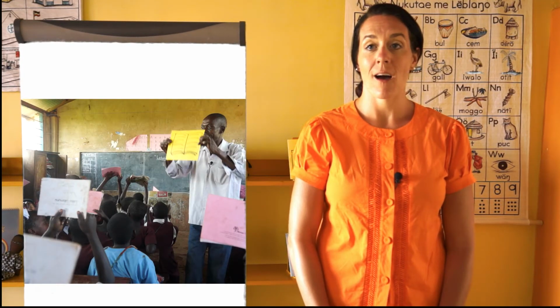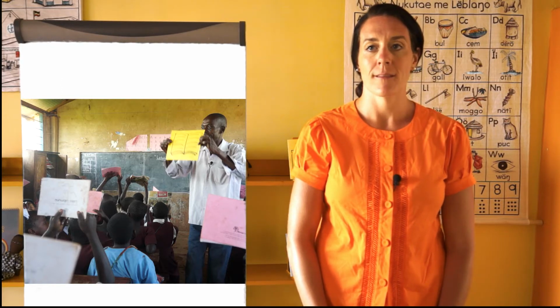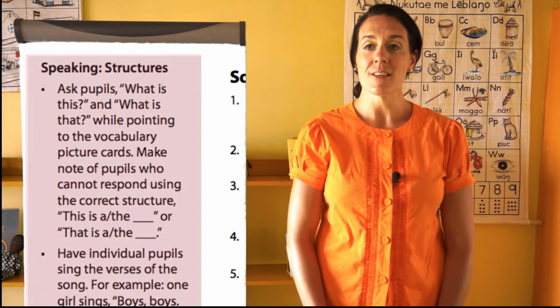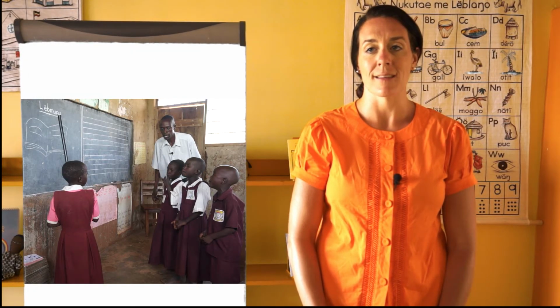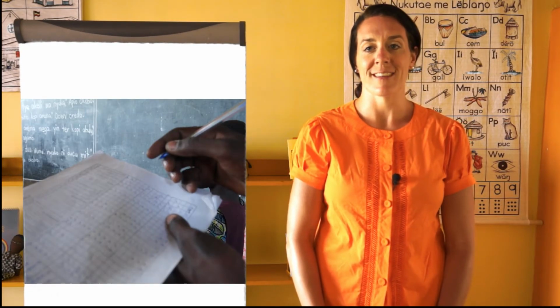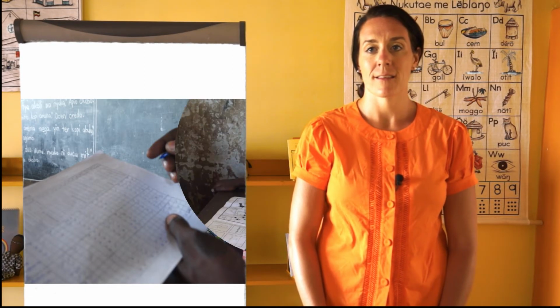We know that it is not easy for a teacher with 100 children to use a continuous assessment model. That's why we have included simple, easy to use activities and tools for teachers with large classes to help you, the teacher, track individual learners' English literacy attainment on a weekly basis.